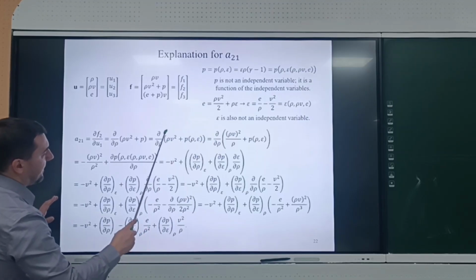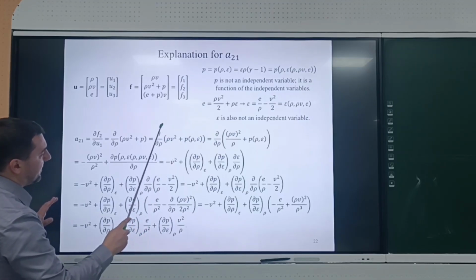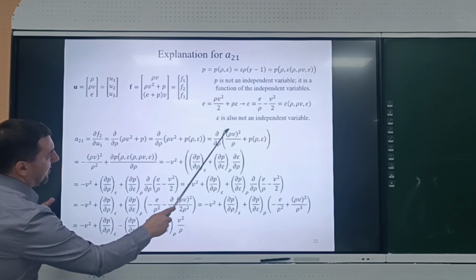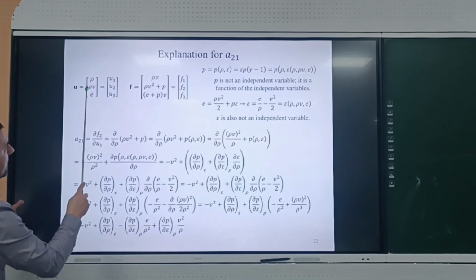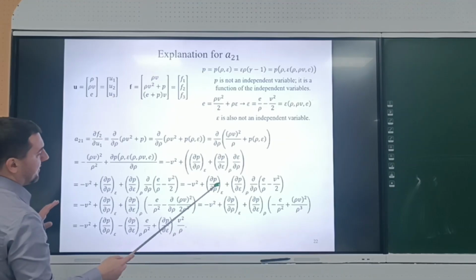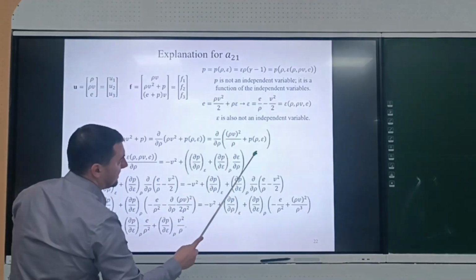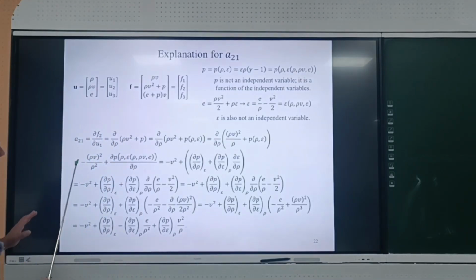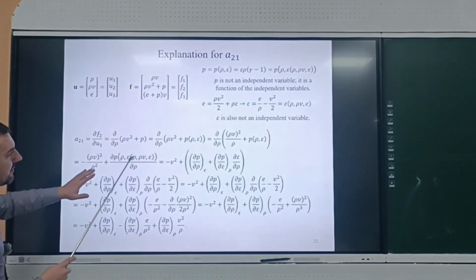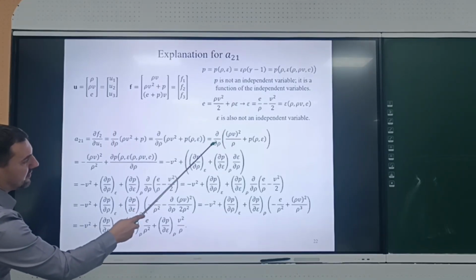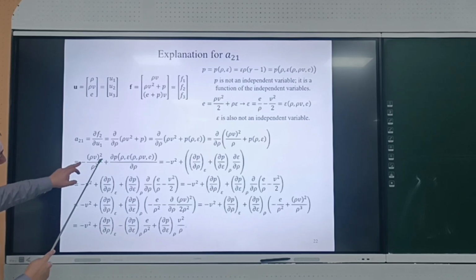We multiply the numerator and denominator by rho, and now we see that rho V and rho are independent variables, and it is very easy to compute this derivative. The question is how to compute the derivative d over d rho of P as a function of rho and epsilon. Just keep it here, because this is the derivative of this term. D over d rho of 1 over rho is minus 1 over rho squared. This is an independent variable, we just keep it.